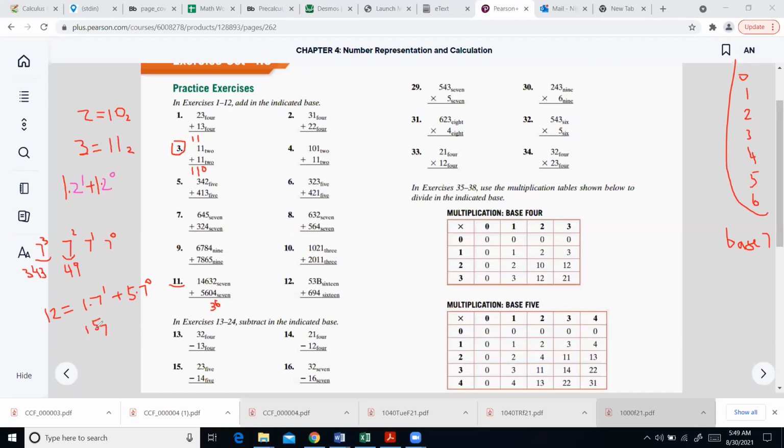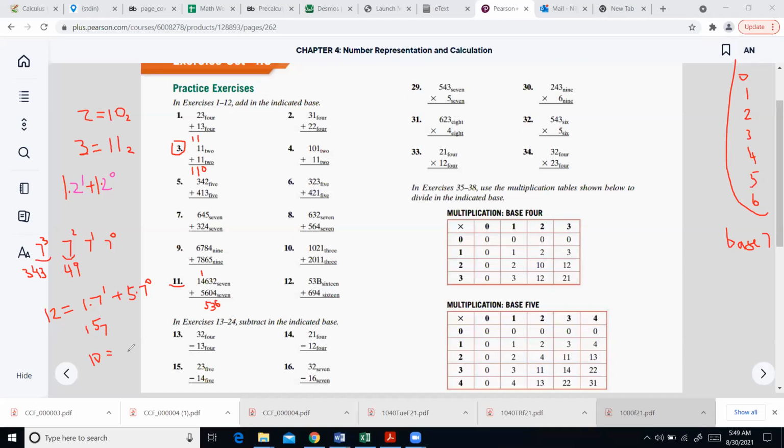So for 12, I put 1, 5. I put, as usual, the last digit 5, and I carry over my first digit, which is 1. So the next step will be to add 1, 4, and 5, and we get 10. Please notice I do add in base 10, but I cannot write those numbers in base 10.